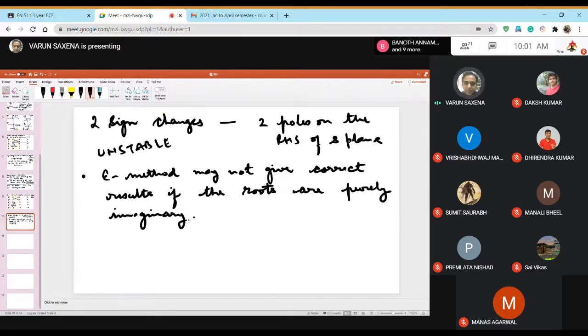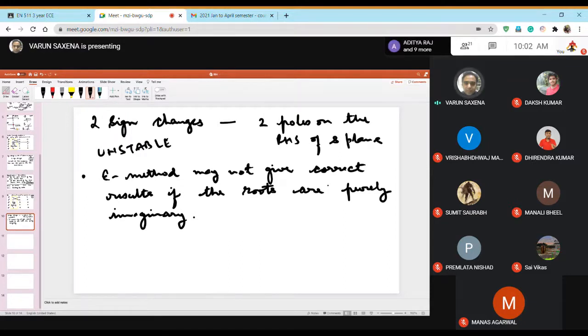So this is going to be one of the sub problems of the mini project that I'm going to give to a group, that they have to prove this and take some examples to show why such a thing is true. There are some papers on this, and any group that gets this project, I'm going to give them those papers, and they probably have to read a little bit and try to understand the algorithm. But it is true that the epsilon method may not give correct results if the roots are purely imaginary.